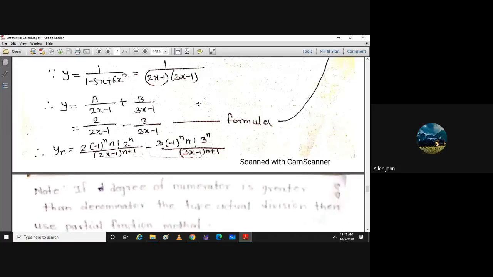So 2 is in multiplication, so it stays as it is. Can you tell me the nth derivative of 1 upon 2x minus 1?